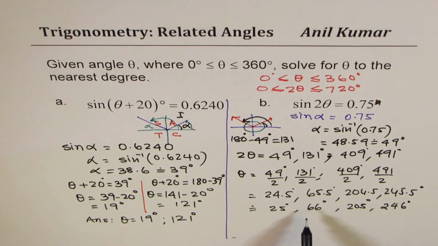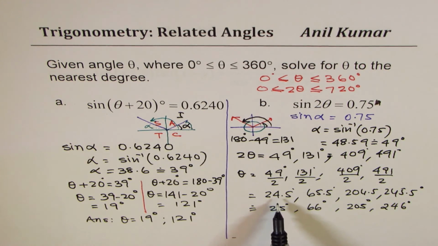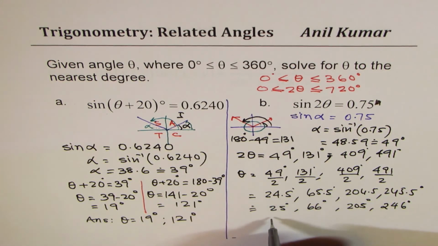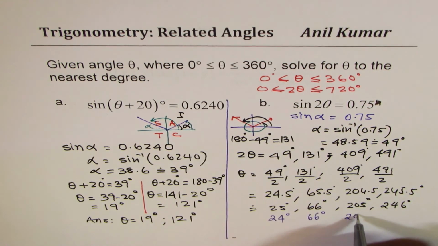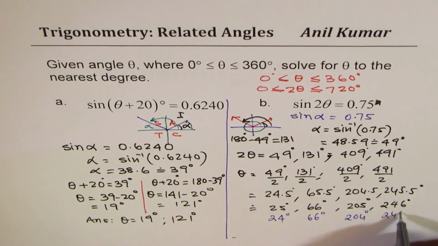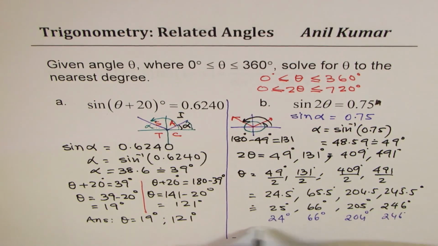Now, some of the students who are in senior classes might have learned that when we have 0.5 to round, then we normally round to even numbers. Is that okay? Even numbers. So they might get the answers as 24 degrees, 66 degrees, 204 degrees, and 246 degrees. Okay, so both are correct.